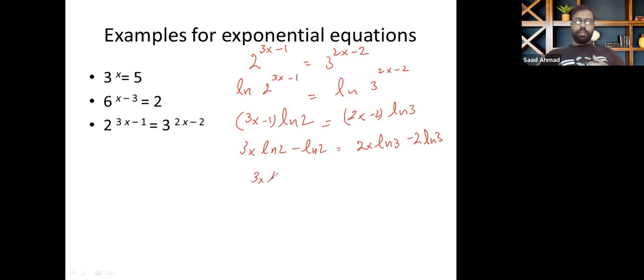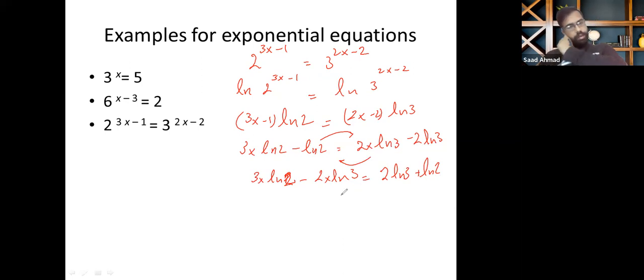So, minus 2x ln 3, and this one on the other side, it will become 2 ln 3 plus ln 2. I moved this to the other side and I moved this to this side of the equation.